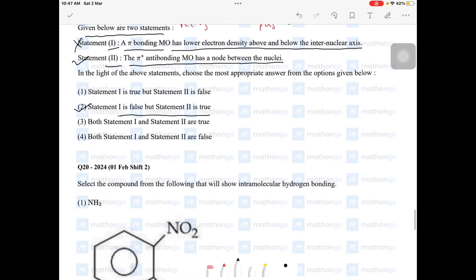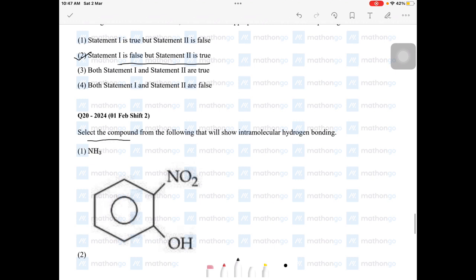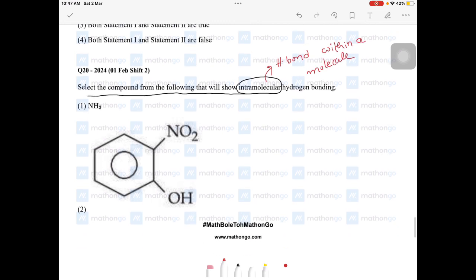Second one is correct. Select the compound from the following that will show intramolecular hydrogen bond. Intra means hydrogen bond formed within a molecule. So this is orthonitrophenol.